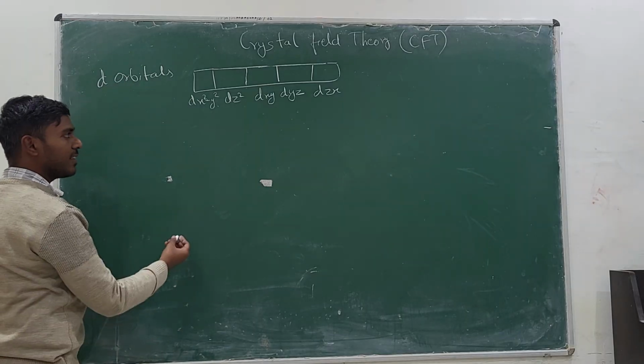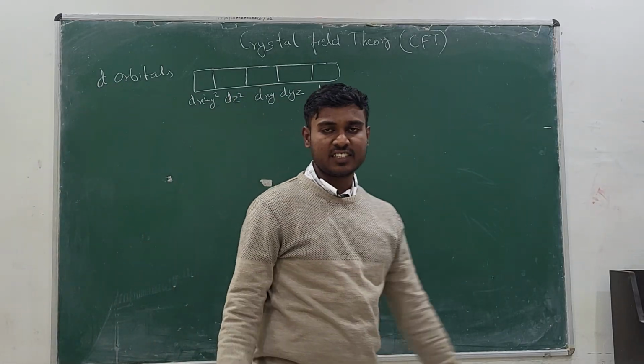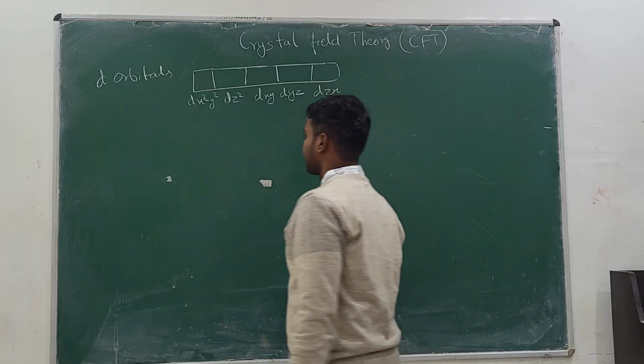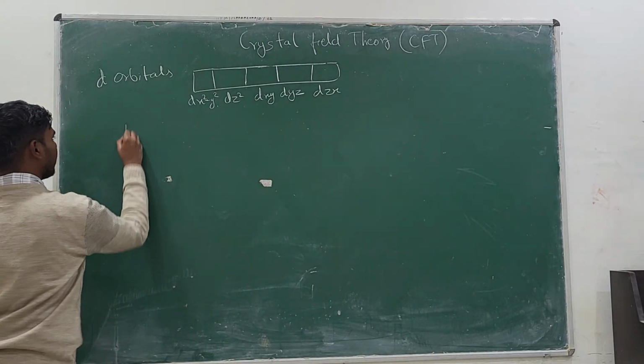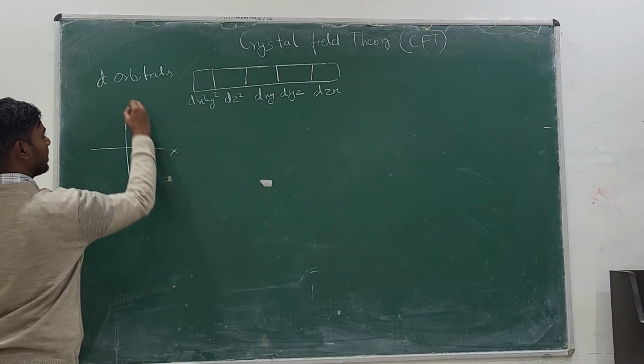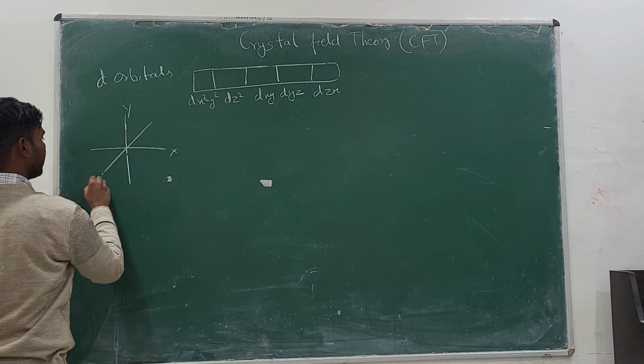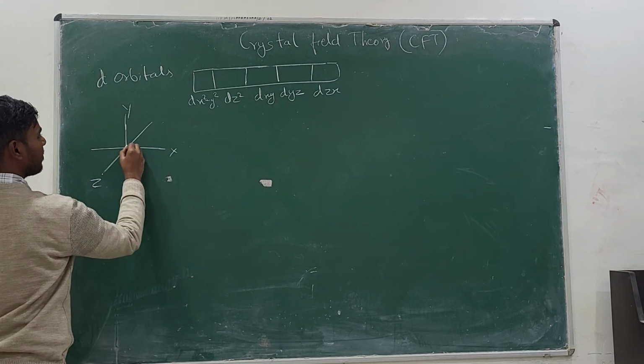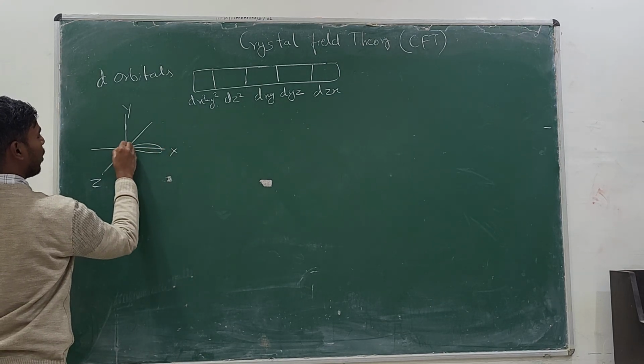Now we will see one by one how these orbitals are arranged in 3D space. For dx square minus y square, let this be the x axis, this one the y axis and this one our z axis.